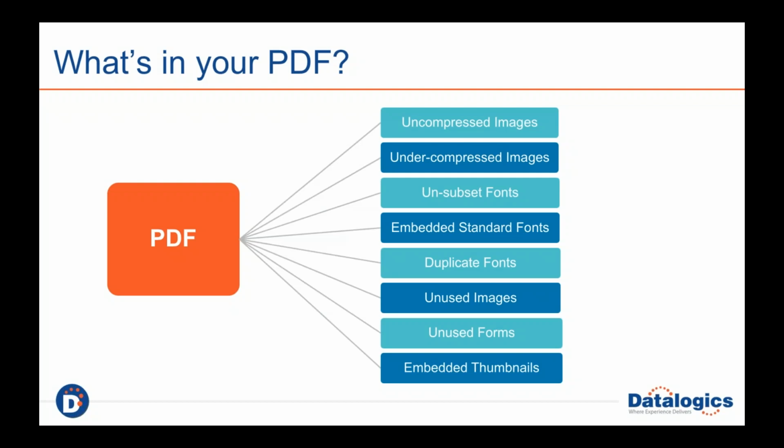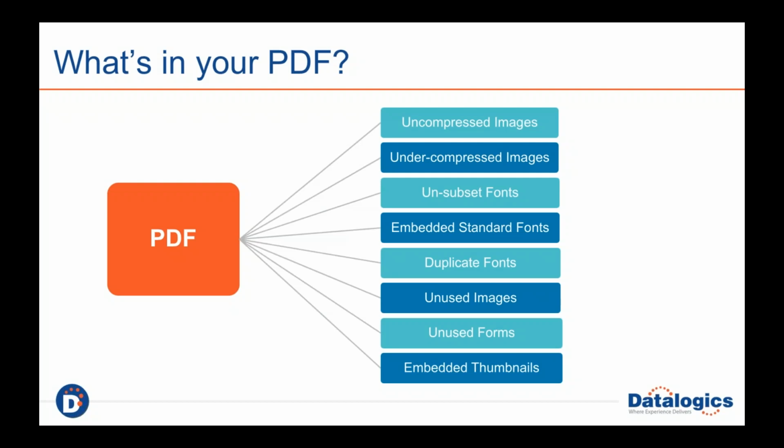And when we get into the idea of a bloated PDF, there can be things like images that aren't compressed, or perhaps images that are compressed, but not as well as they could be. Maybe there are fonts that are completely embedded inside the PDF, and maybe there are fonts that are embedded and duplicated, so they're embedded multiple times.